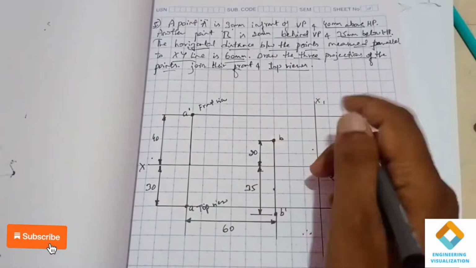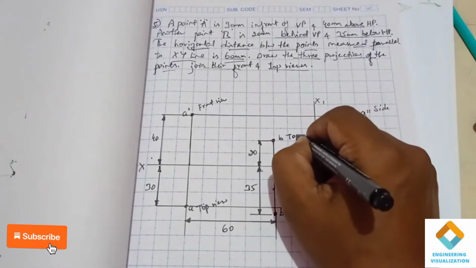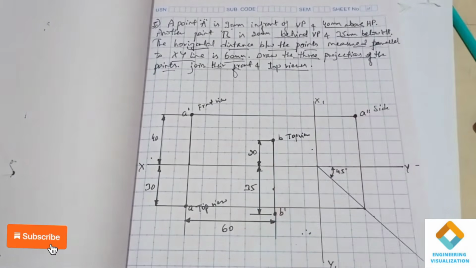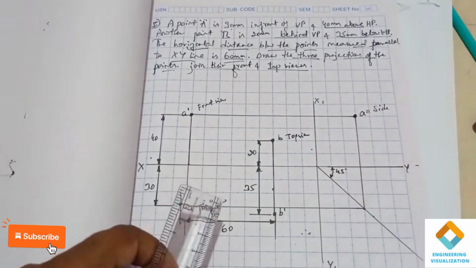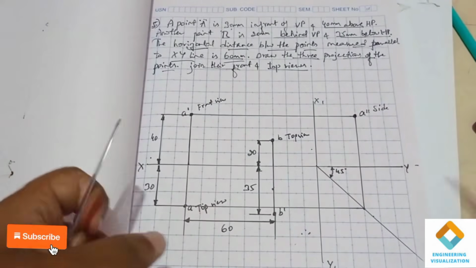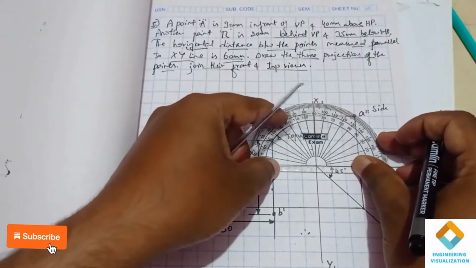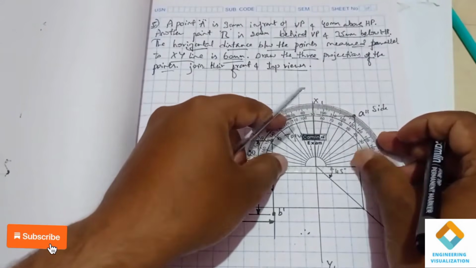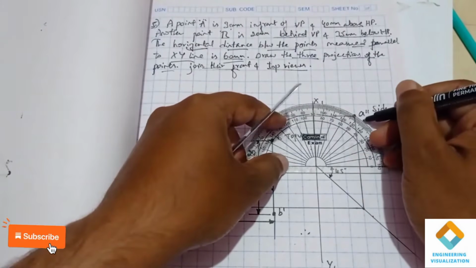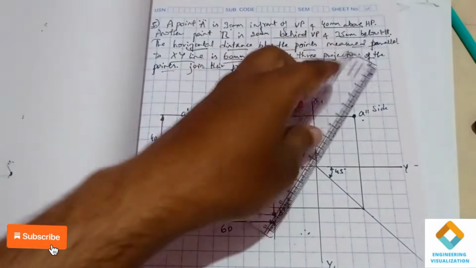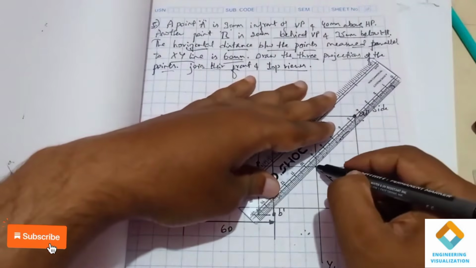You can see here, this is the top view. The top view here we are getting above the XY line, which means we should construct the angle line. I'll take the X1 Y1 line as the reference only. I'll place the protractor here and mark a 45-degree angle and then draw an angle line here.